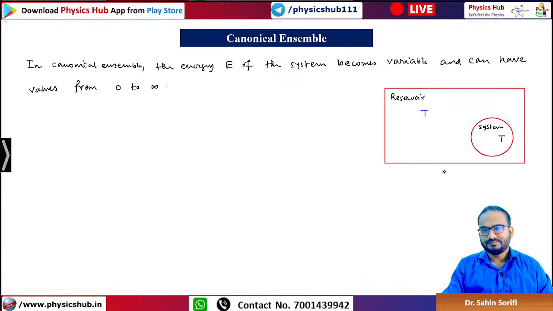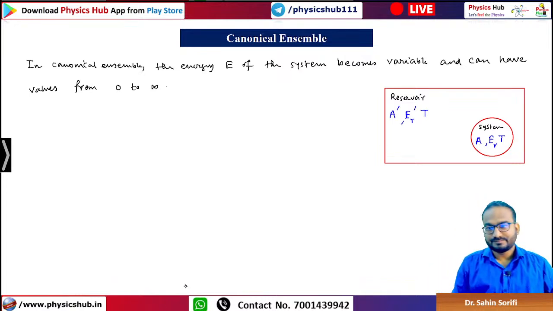Now the system we are denoting by A, and the reservoir we are denoting by A prime. The energy of the system we will write as ER, and the energy of the reservoir we will write as ER prime. So A is the system, A prime is the reservoir.